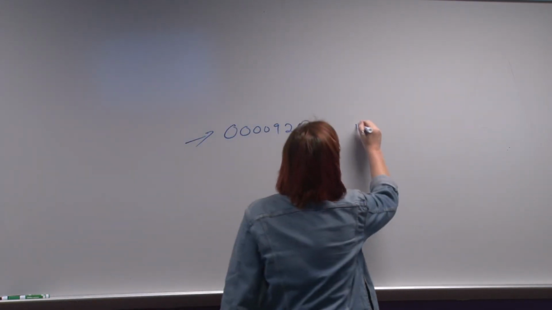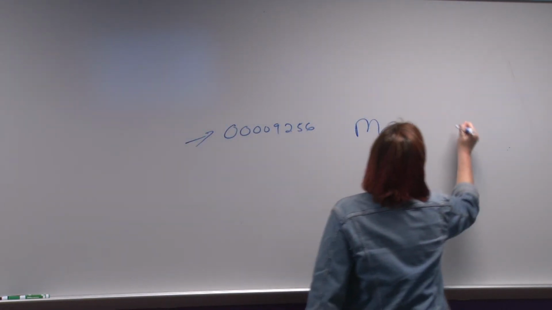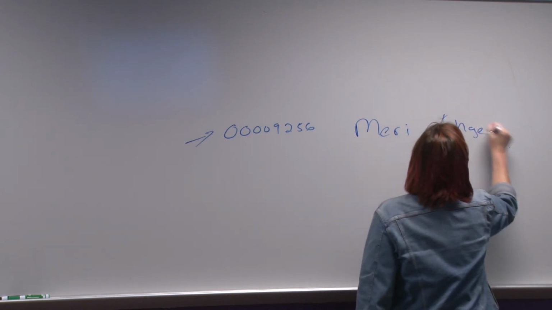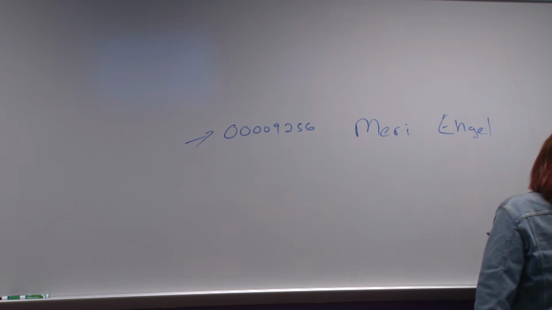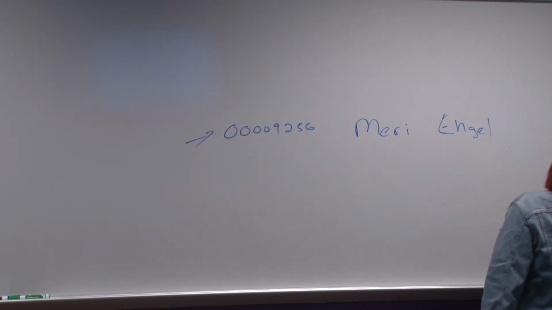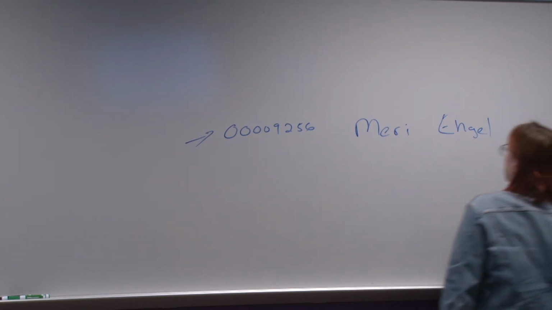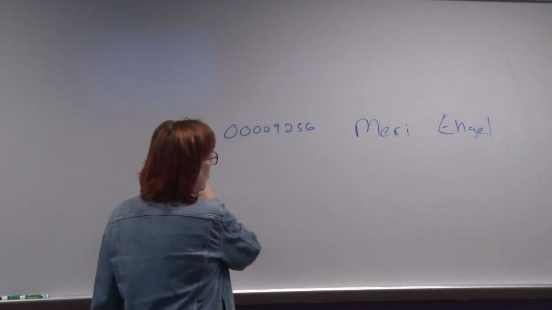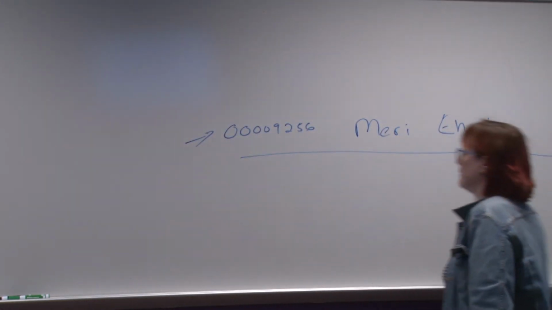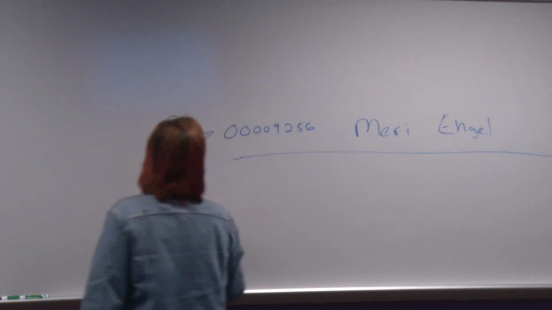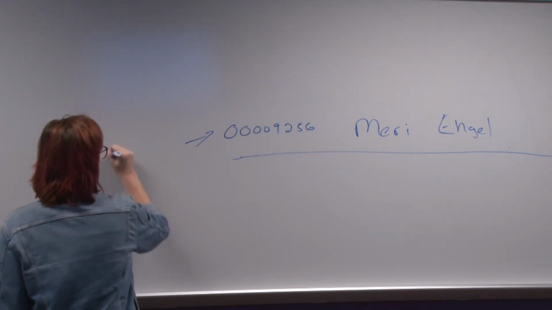So if we had information, and we could have whatever else, phone 555 5555, this whole group of data would be considered a record.